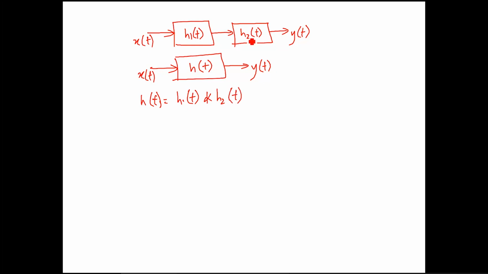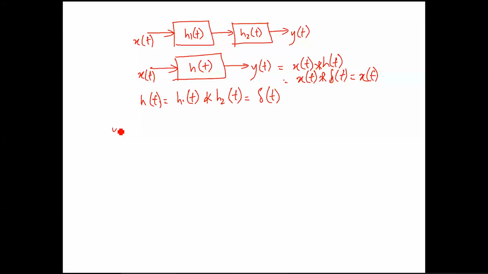And if the second system is the inverse of the first one, then this convolution will be delta t, because the output would be just the input convolved with the equivalent, x of t convolved with delta t, which will be the same as x of t. Now why the convolution of x of t with delta t is x of t, we'll see here.